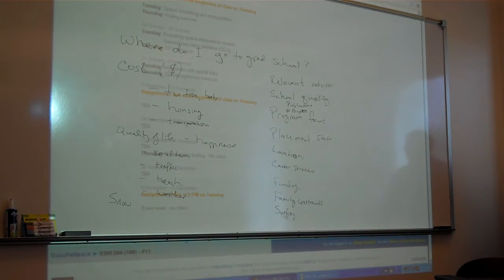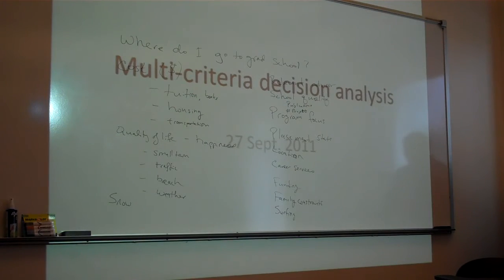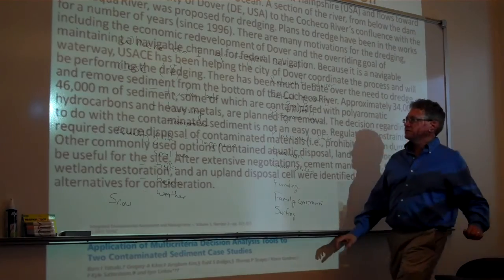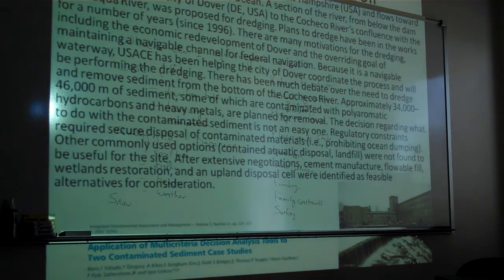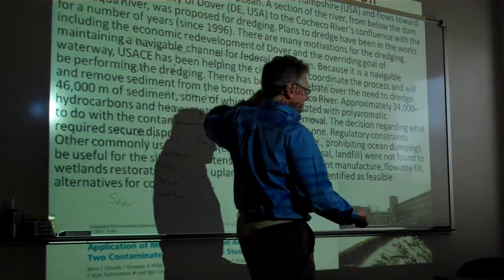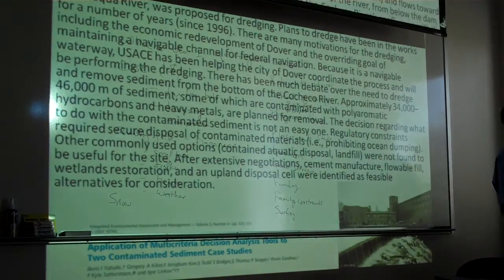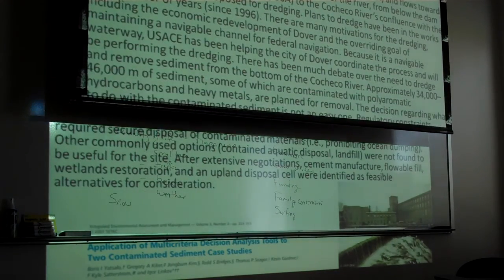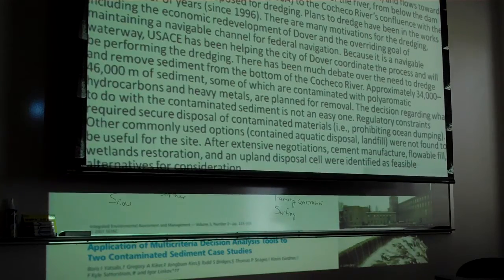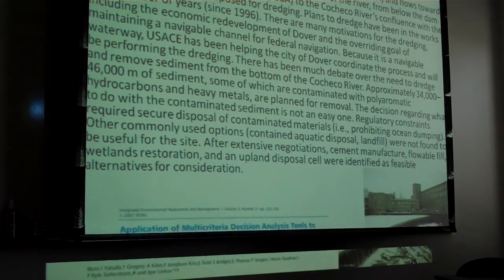So an example that we can use. This is just a fairly simple case study. I mean, the description is long. I don't mean for you to read it all, but basically the idea is there's a small river in New England that has a bunch of contaminated sediments.